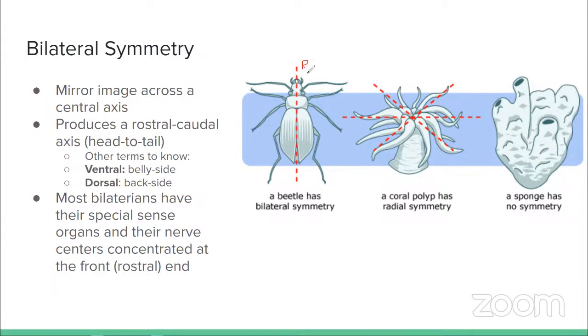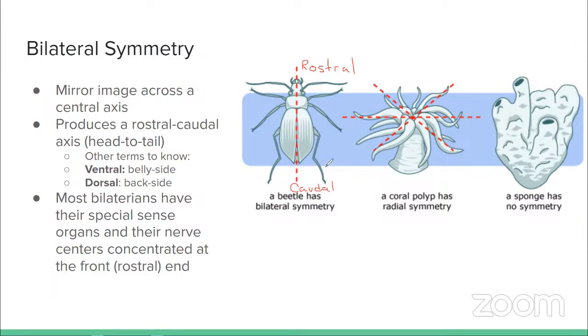Rostral, or rostrum, refers to the face, so rostral is like the head end. Caudal refers to a tail. Caudal end. We're going to have the central axis, which means that we have a front and a back end.